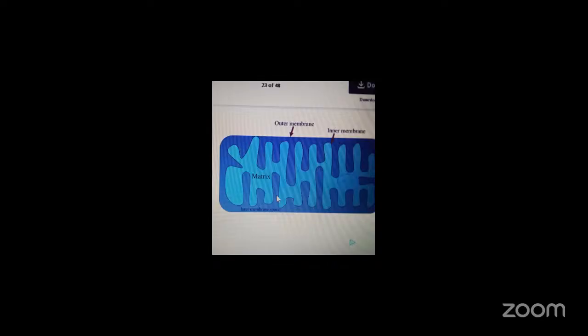Most of the genetic specification for mitochondrial structure and function resides in the nuclear genome, with the proteins imported into the organelles.